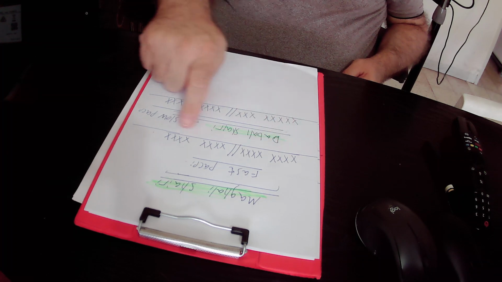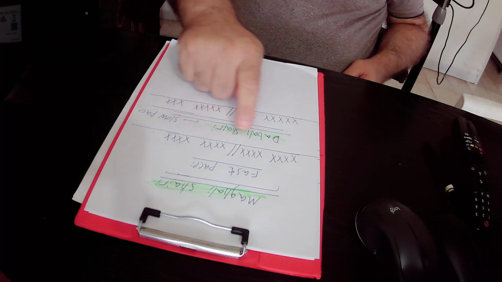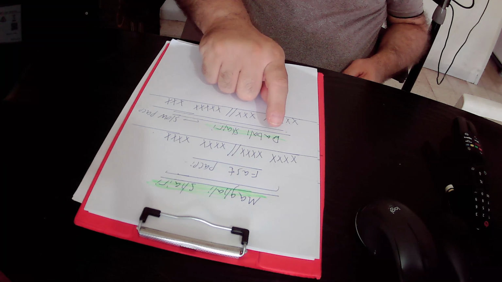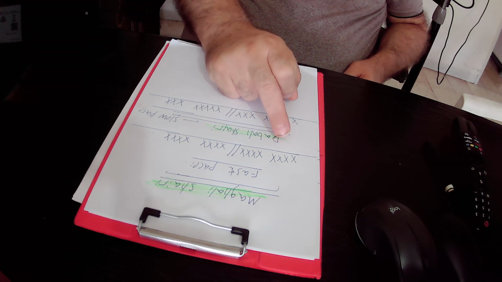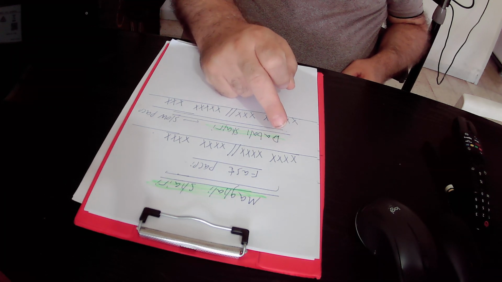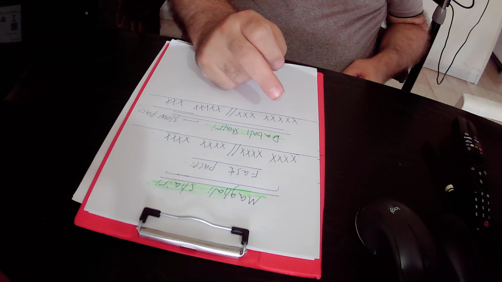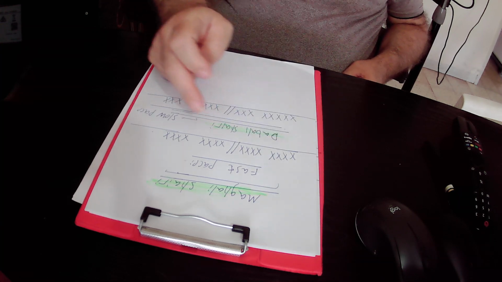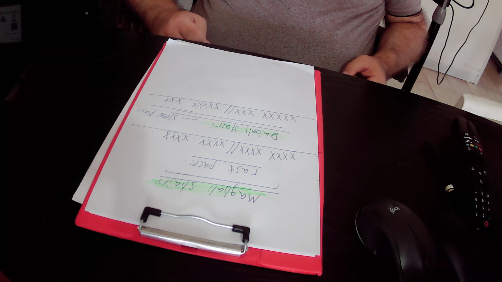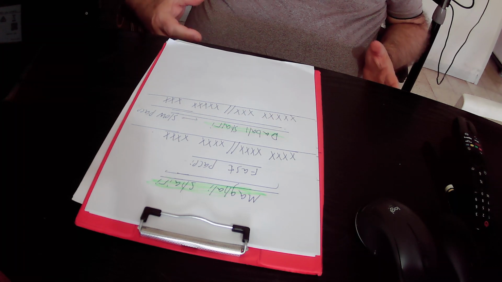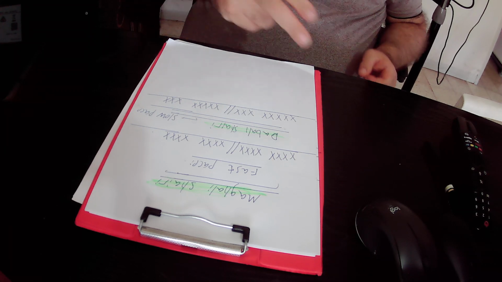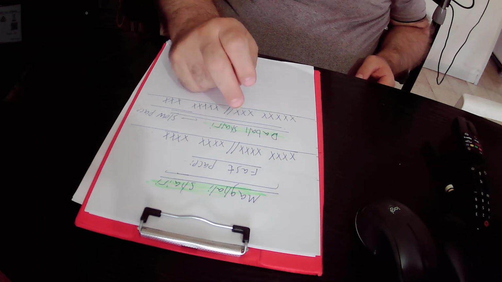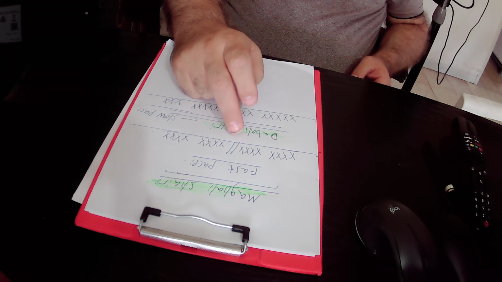So here, this line consists of 16 syllables, and it is broken into 4 segments: 1, 2, 3, 4. And each segment consists of 4 syllables. That is to say, we have 4 plus 4 plus 4 plus 4 syllables. So the line is broken into 4 segments, and each segment consists of 4 syllables. And we have a break after the second segment, a break or comma.